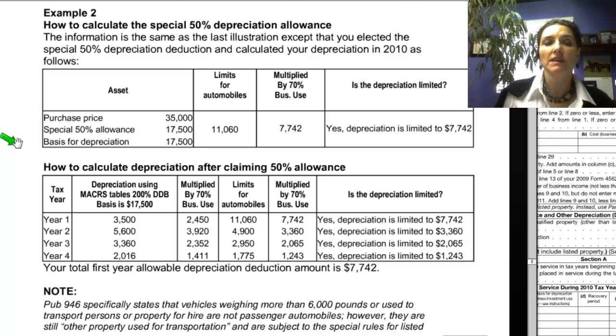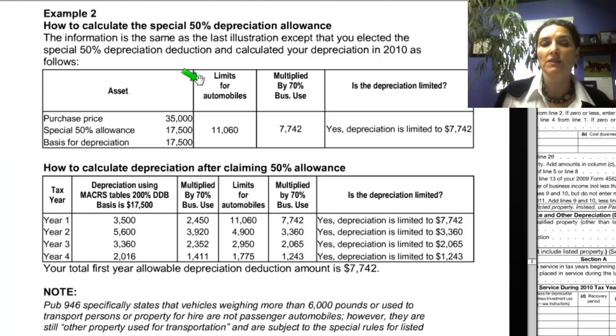So that would leave you with a basis for depreciation of $17,500. Except wait, we have to deal with this limit on automobiles, and under the limits for automobiles, the maximum total deduction we are allowed is $11,060. We multiply that by 70% business use, and that gives us a first-year depreciation deduction of $7,742.